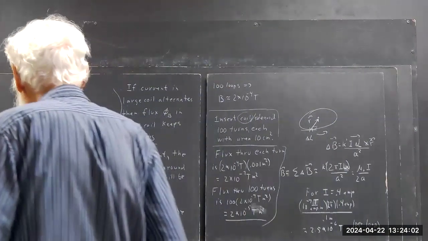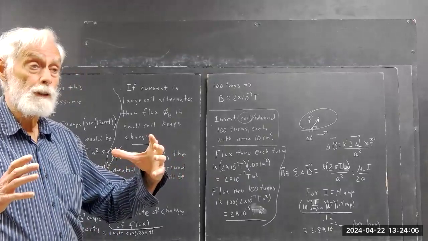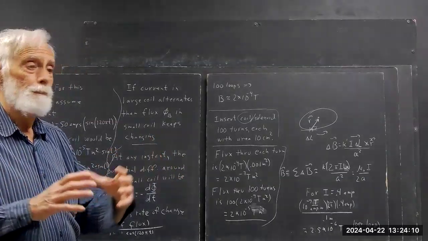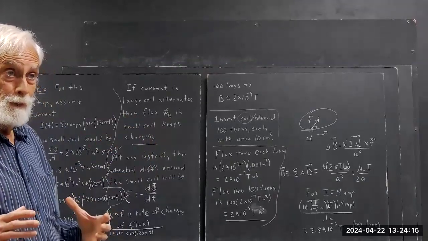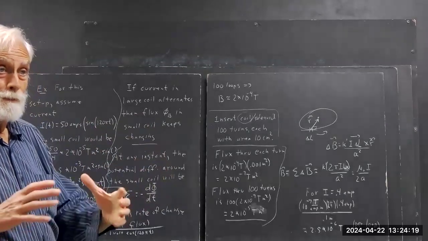Well, by increasing the area, I'm going to get a lot more flux, right? If I increase the area by a factor of 100, I'm going to get 100 times as much flux. Increase by 1,000, which I can do by using a lot of turns, I get even more.